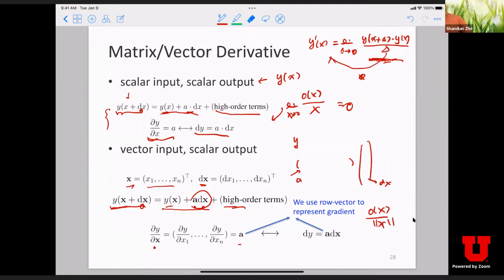We're going to assume this higher order term will be a vector as well. So higher order with respect to x just means if you calculate the ratio of their norms, if the norm goes to 0, then this ratio goes to 0.